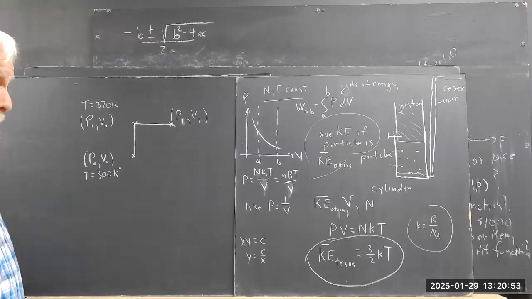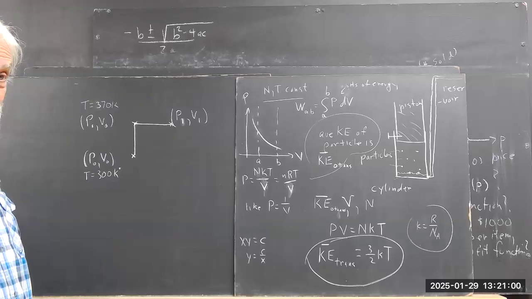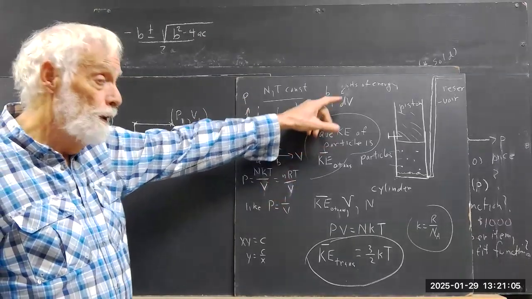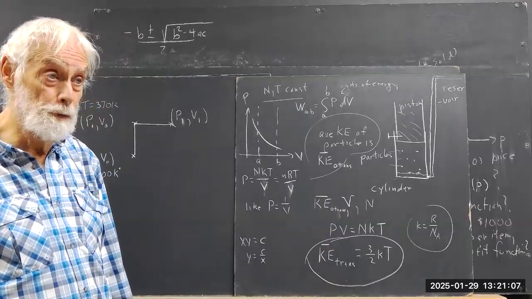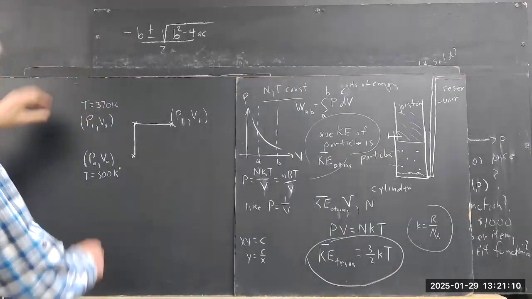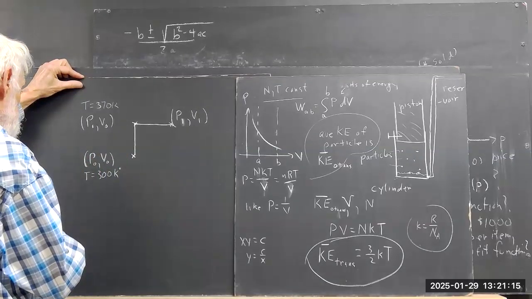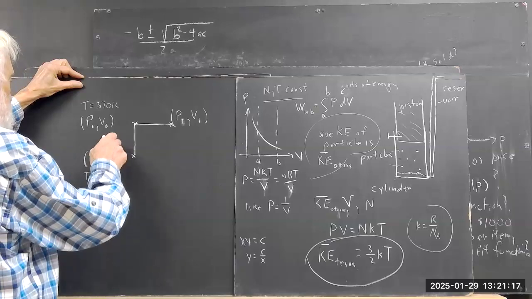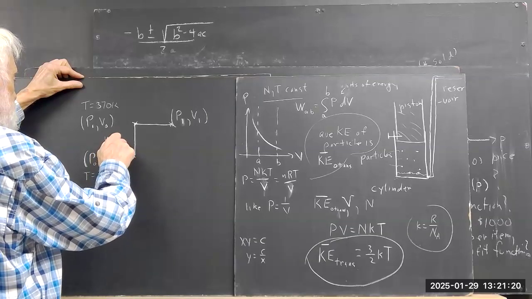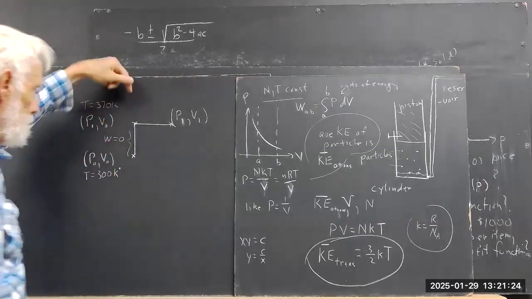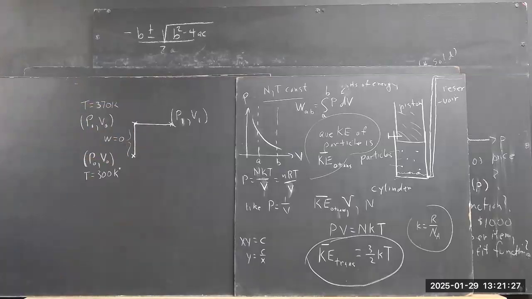Well, is any work being done? Is there area beneath this curve? Well, the area beneath the PV curve is the same as the integral of P with respect to V, right? So we have, first of all, work equals 0 from here to here because there's no area beneath the vertical line, right?